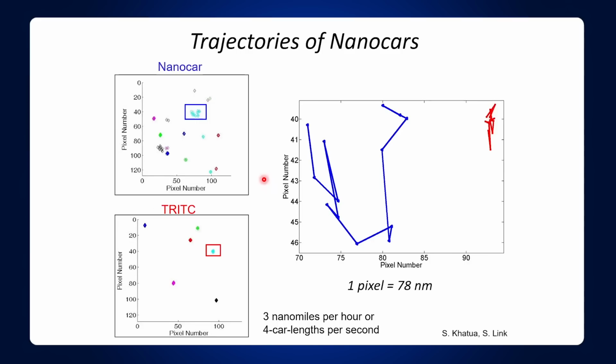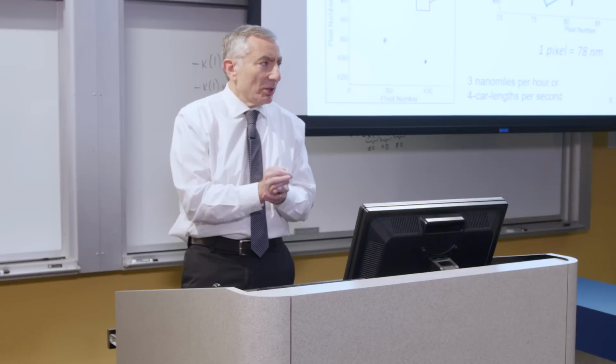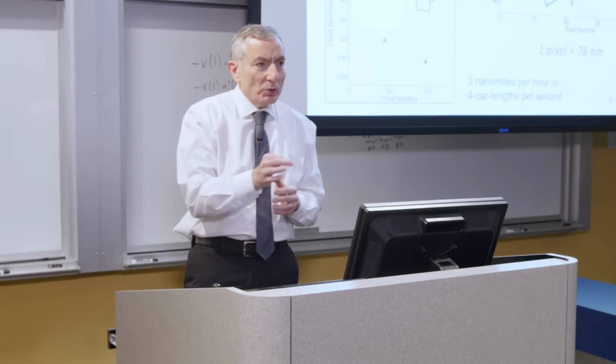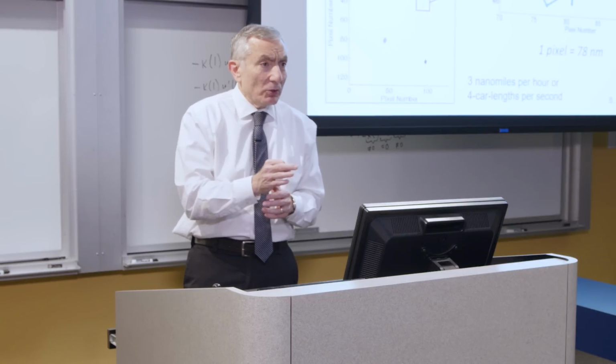And so what happens is, if you just put Tritzy on a surface will be the red material that doesn't move very much. But when you have the nanocar, it moves a lot. So there's the blue, there's the red. And so what happens is, as a control, you just put the fluorescent molecule on a surface and you see how much does it just move around on a surface at room temperature just naturally.